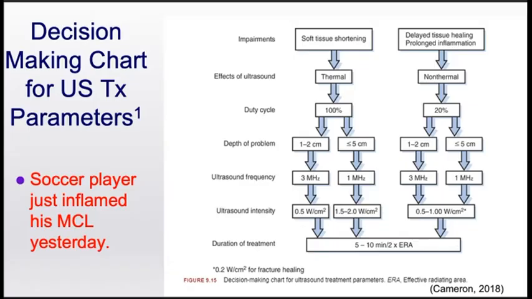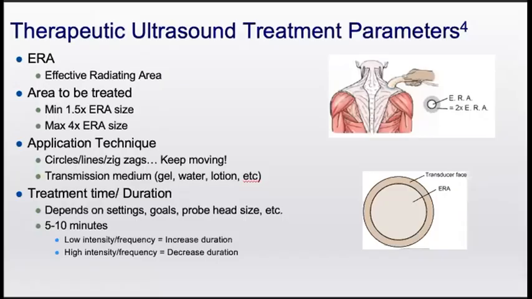I think I skipped over a slide there. Okay, apologies, I skipped over this slide. But to backtrack, the ERA is the effective radiating area. The effective radiating area is your treatment zone. So what's the area in which you're planning to treat the individual?